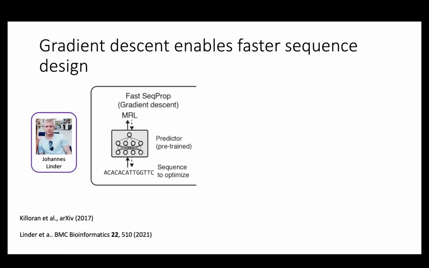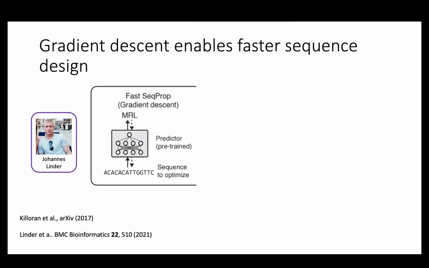Now, having said that, the stochastic search, as intuitive as it is, fundamentally has two issues. One issue is that it's not very efficient, because especially as we reach higher fitness scores, we make a lot of changes to the sequence that do not improve the fitness. So there are lots of calls to the predictor that are essentially wasted.